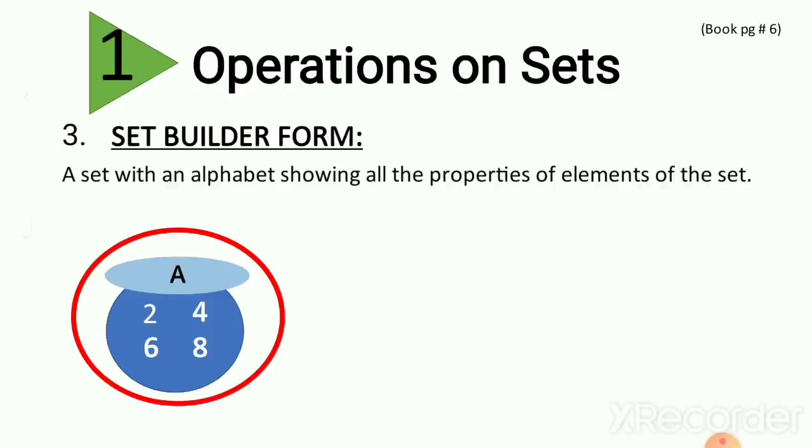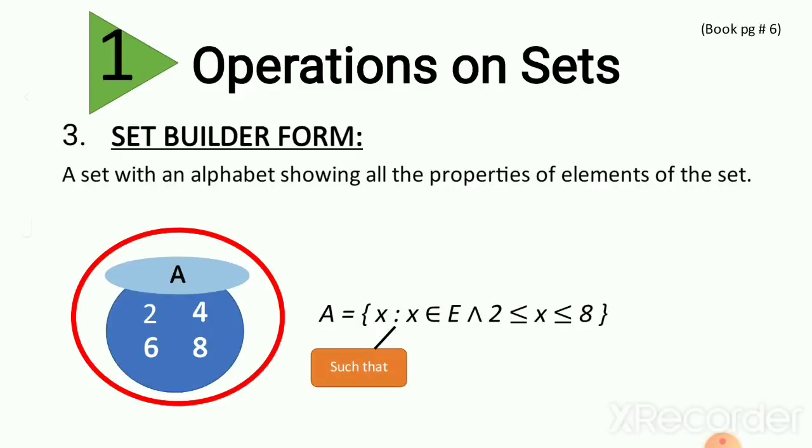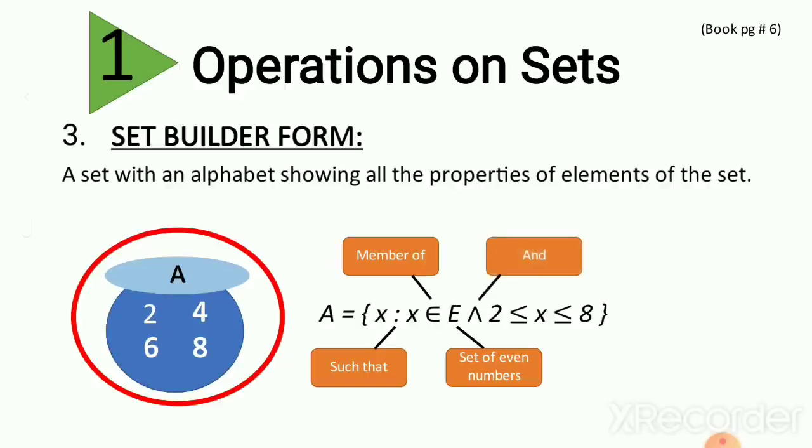You can see here set A is equal to open braces x such that x is a member of the set of even numbers and x is greater than or equal to 2 and x is less than or equal to 8. You can say it is written in the form of a rule. Hope you got all the concepts.